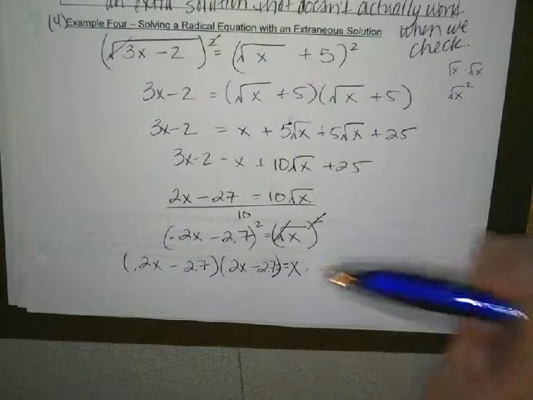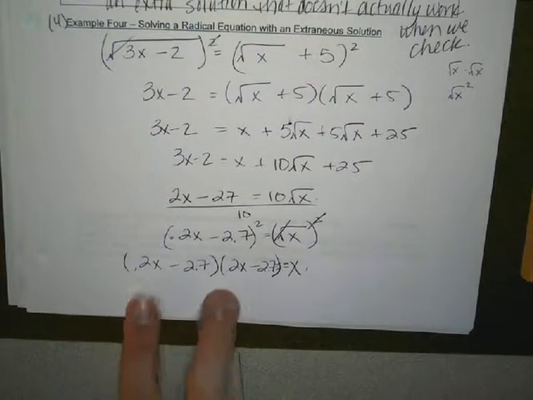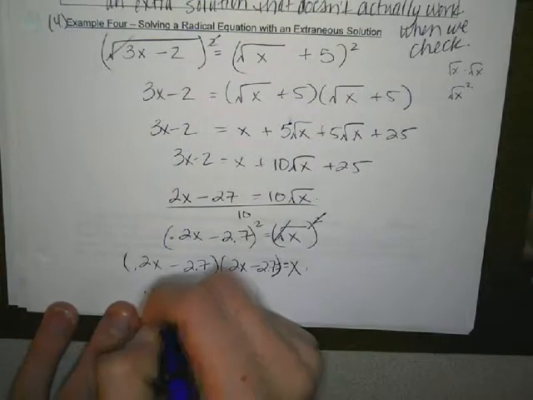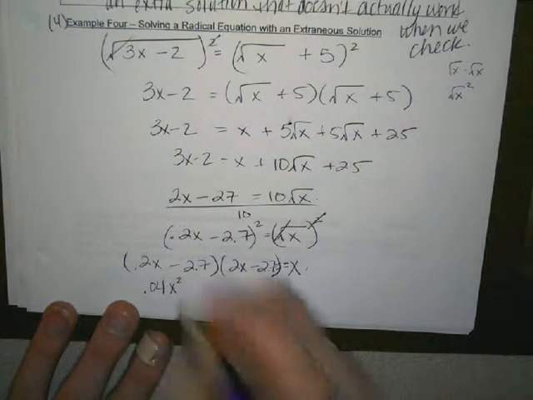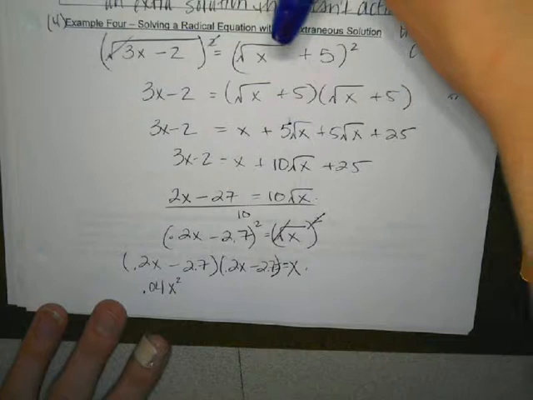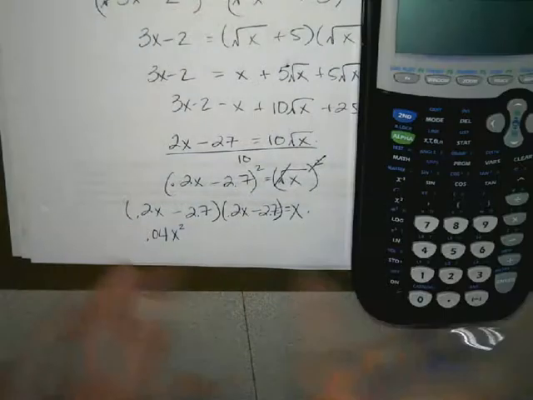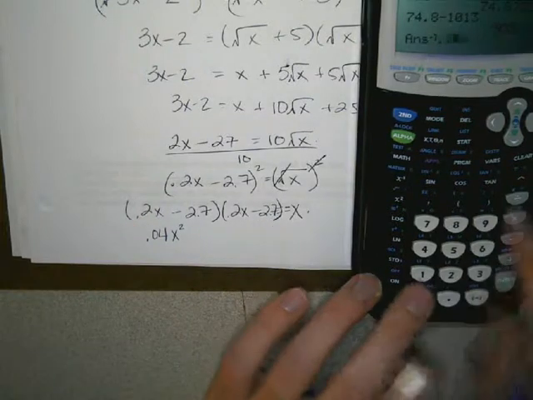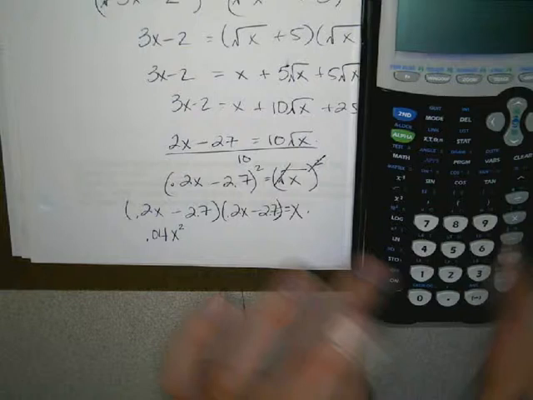0.2 times 0.2 is 0.04. So we'd have 0.04x squared. The outer and the inner terms there, 0.2 times 2.7 is 0.54, and it would be a negative 0.54, right?